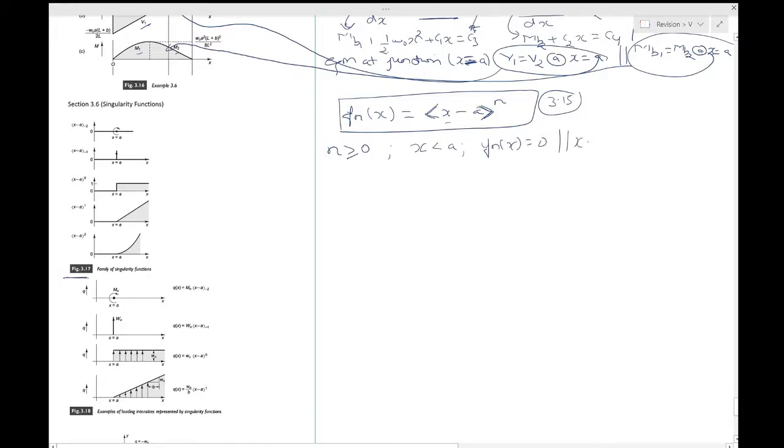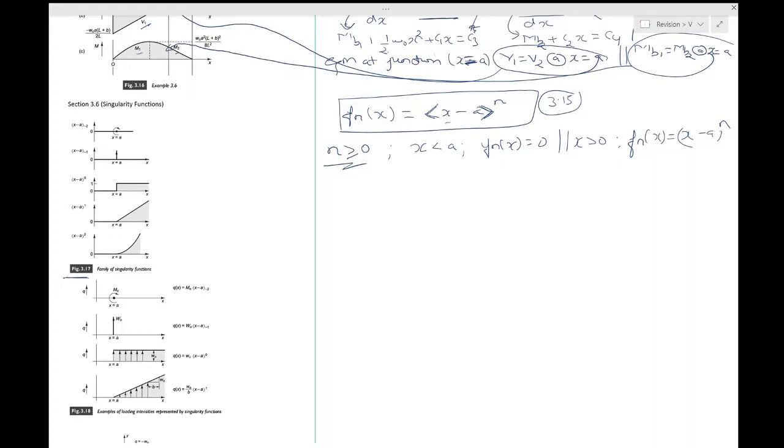If x is greater than a, then this function becomes equal to <x minus a>^n. And this is when n is greater than or equal to 0. Thus the pointed brackets are like ordinary brackets except for one idiosyncrasy, that they are blind to negative values.